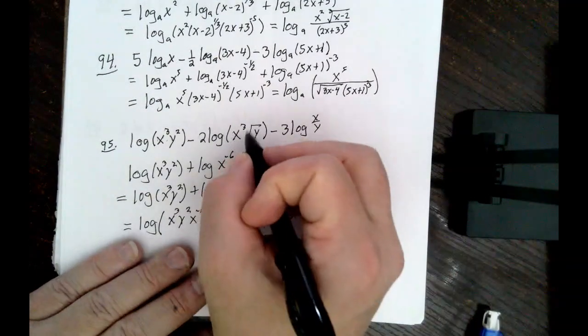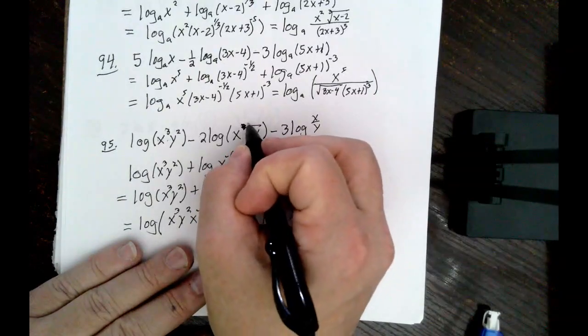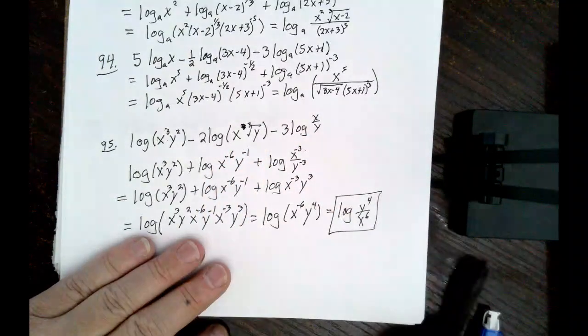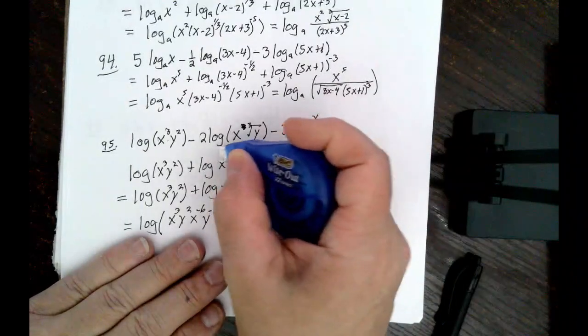I did this one wrong. This 3 is not with the x, it's with the root here. It's a third root. So that's going to change this a little bit.